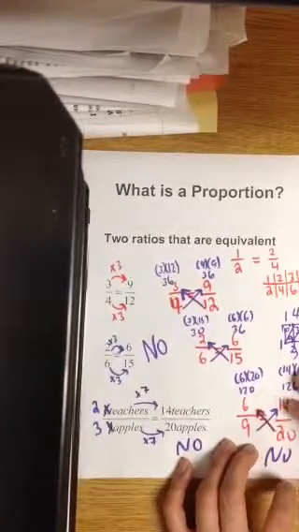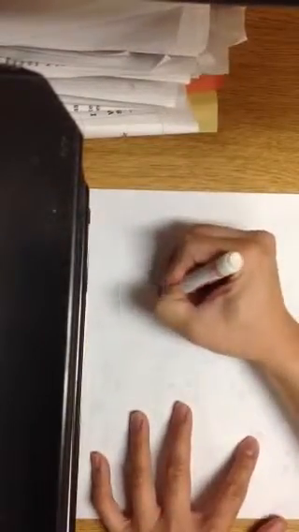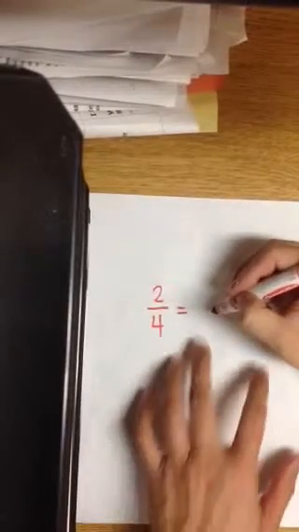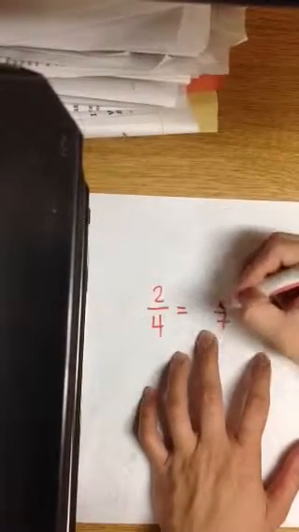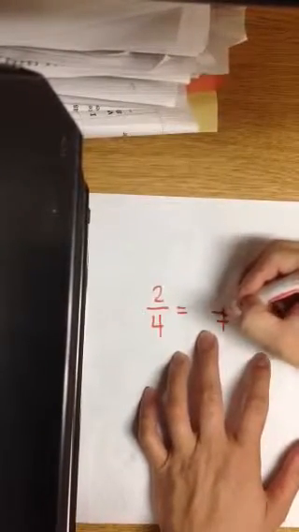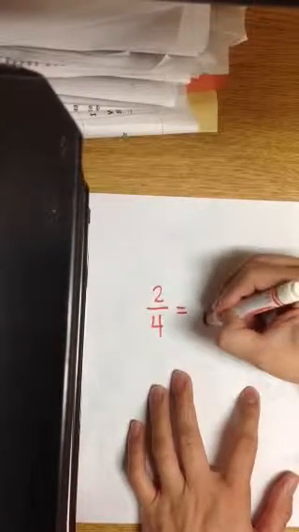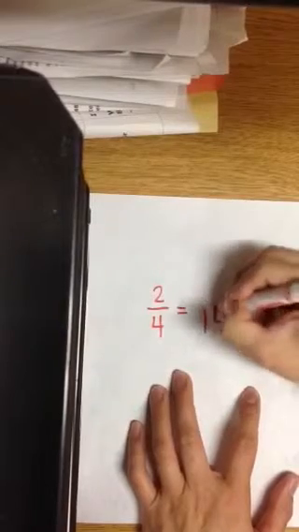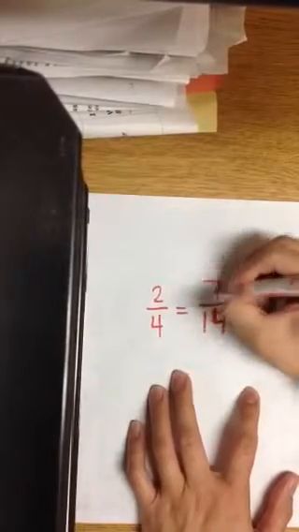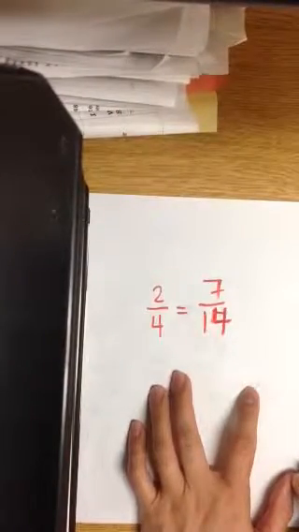So let's try one more example in case you still don't understand what I'm trying to teach here. You have the fraction or the ratio of 2/4. Let's do, let's see, 14. Are these two ratios equivalent?